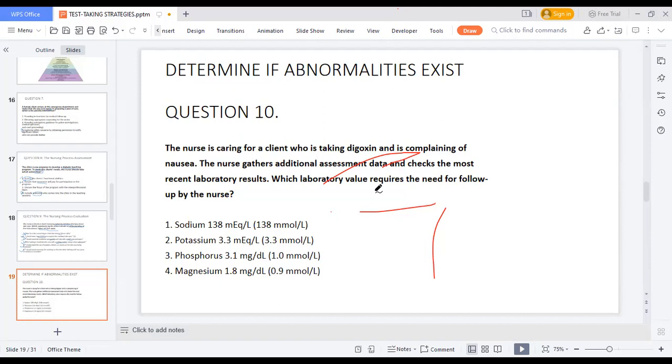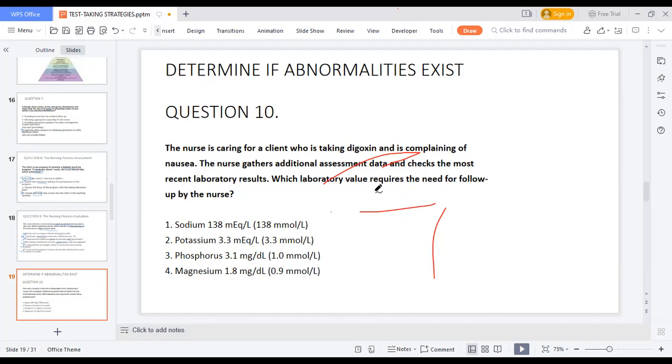It means something is wrong. I have to do something. So you are looking at the value that is abnormal in order to intervene. Okay? Sodium 138, potassium 3.3, phosphorus 3.1, magnesium 1.8. So in this question, we have to master lab values. You cannot answer this question without knowing your lab values.